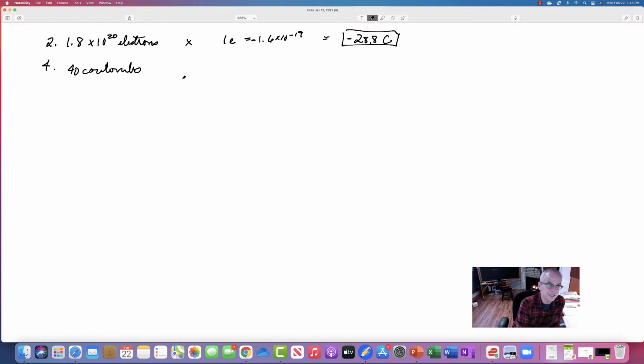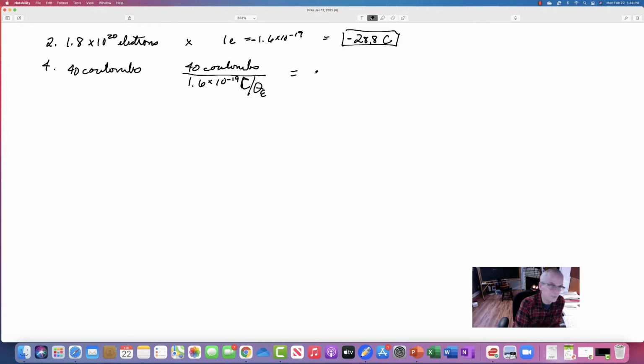You're going to take 40 coulombs divided by 1.6 times 10 to the minus 19 coulombs per Qe, I guess would be the right way to say it.